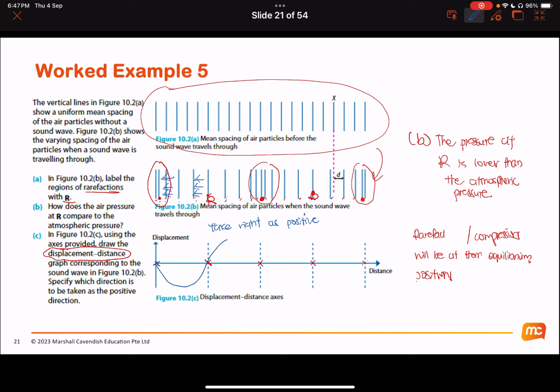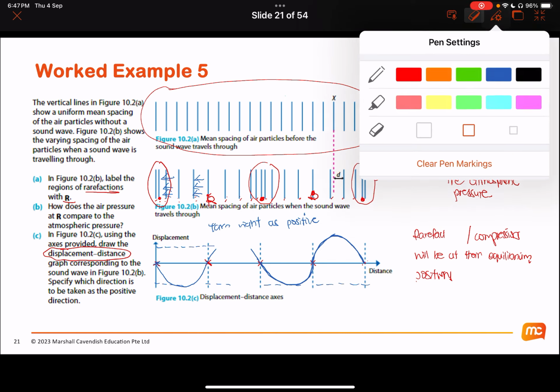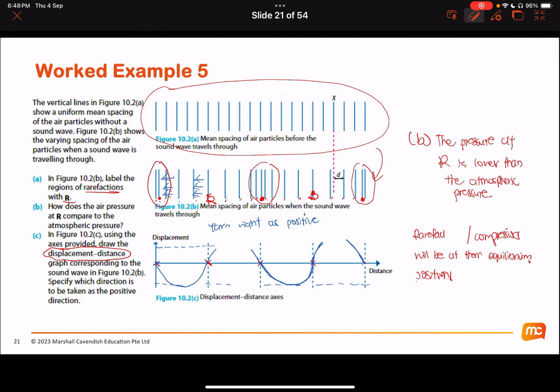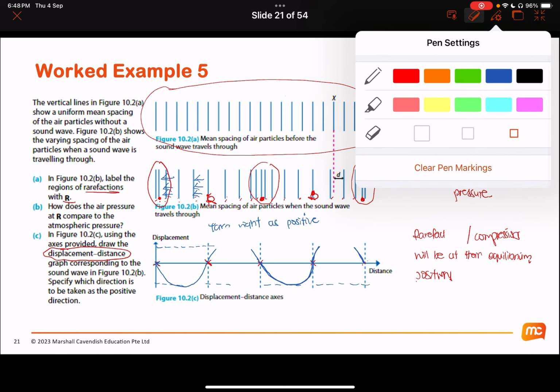Once I know that, I can continue drawing the graph already. Pardon me, because I'm drawing on an iPad, it's not very smooth. But you should try and draw yours as smooth as possible while ensuring that the maximum displacement in the positive and the negative regions are the same.